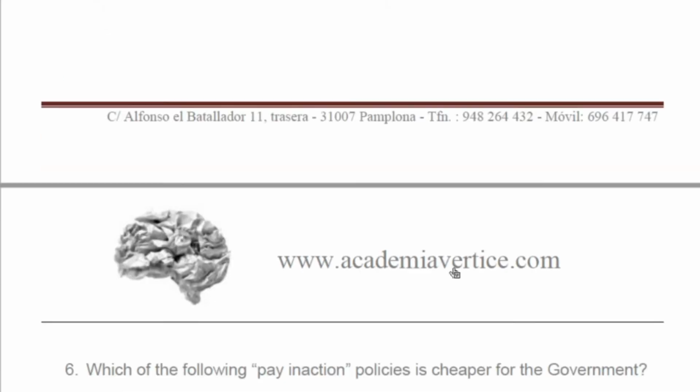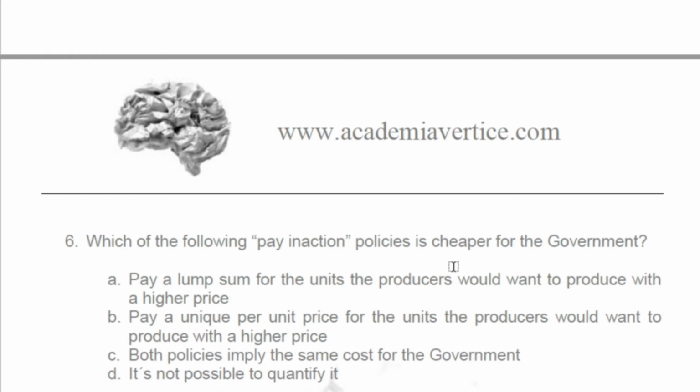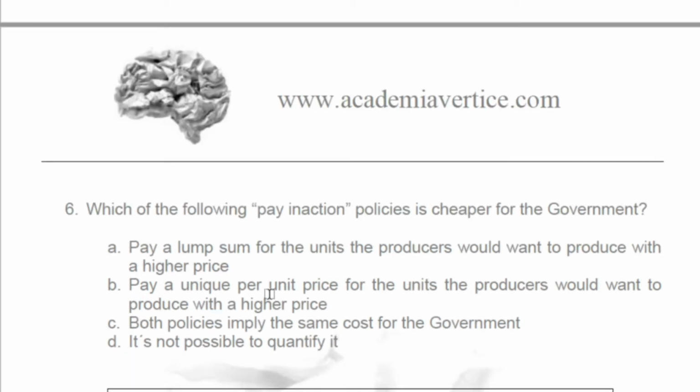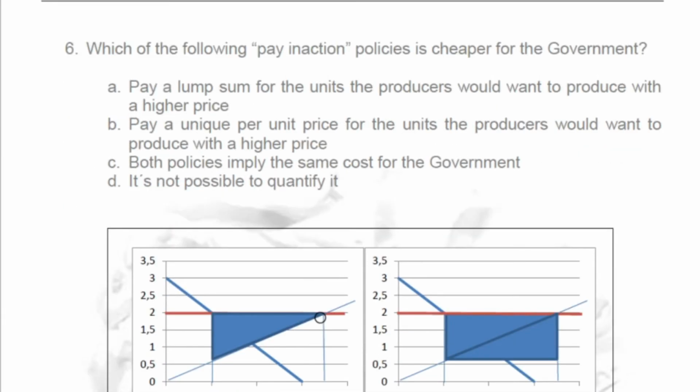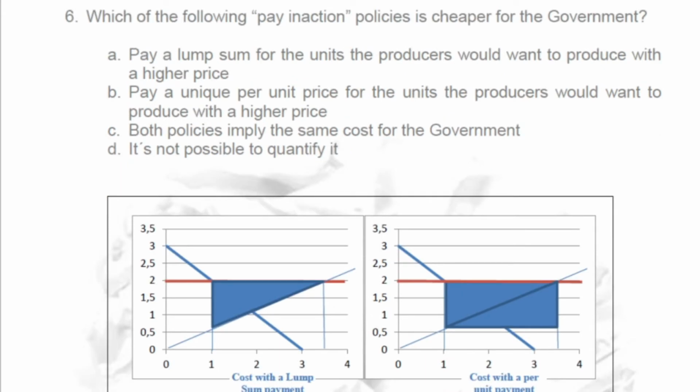Which of the following price support policies is cheaper for the government? This is a good question. Pay a lump sum for the units the producers would want to produce with a higher price, or pay unit per unit price for the units the producers would want to produce with a higher price. Well, with a lump sum payment, the producers don't produce these units, from 1 to 3.5 approximately.